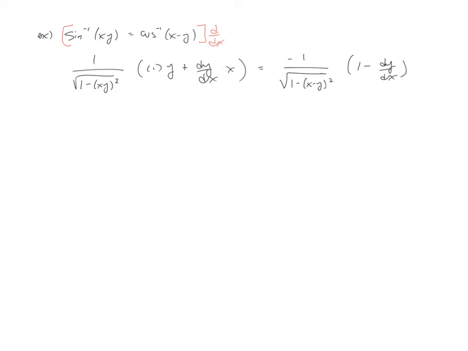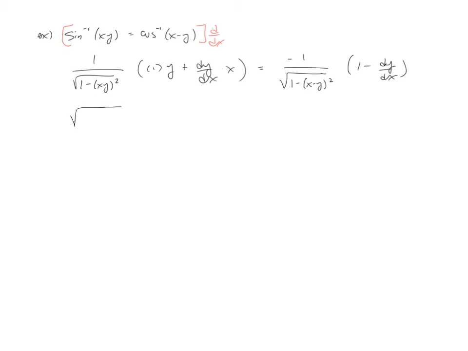Okay? Now, we still would need to solve this for dy dx, and it looks pretty messy, but it's really not that bad. The first thing I would do is I would essentially multiply by the LCD to kill these fractions here. So this guy's going to be multiplied over here, this guy's going to be multiplied over here.